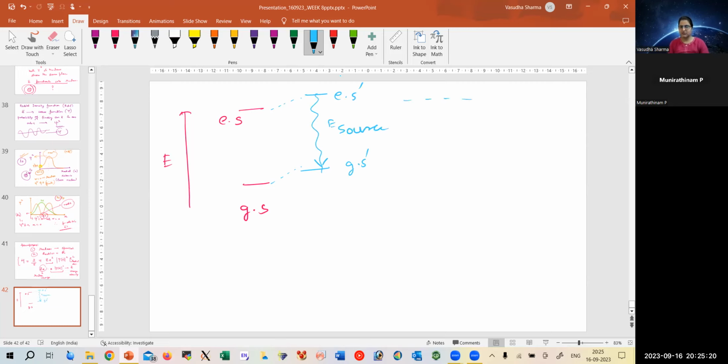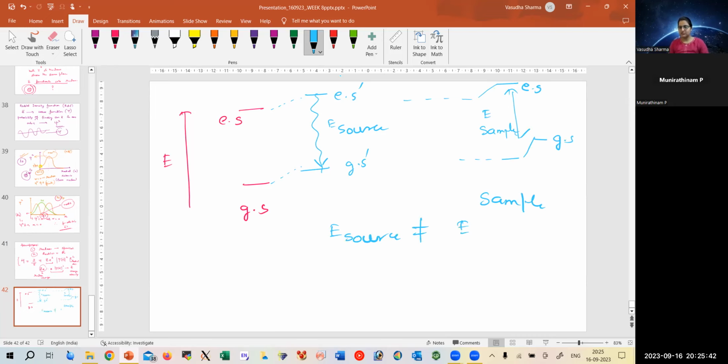And similarly, if I say that goes as the excited state of my sample, that is E sample. So sample and source, they are not having the same energies.